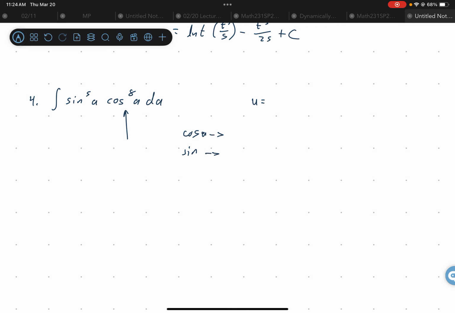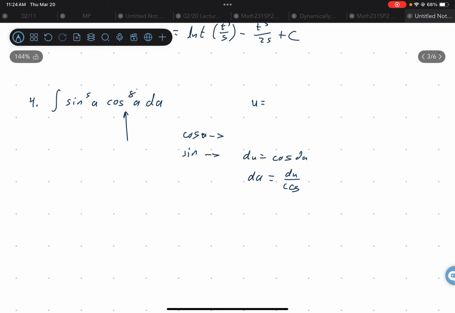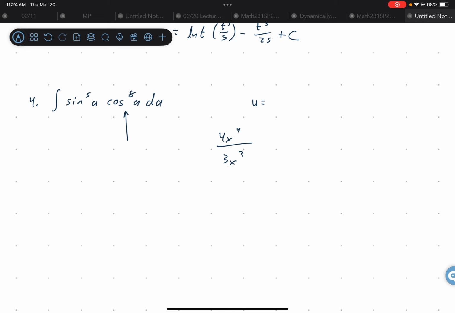So if we make u our sine, so du equals cosine dA, and that means dA equals du over cosine, and we'll be able to take 1 away from the cosine term. Same will be true if you have a fraction or something. But yeah. Anyways, I'll just get to working away on this. There. So that should make sense.